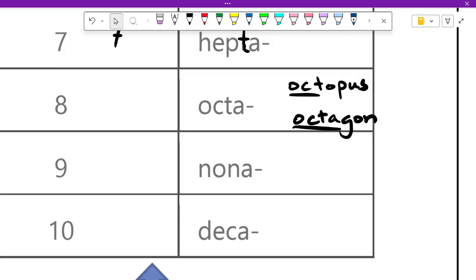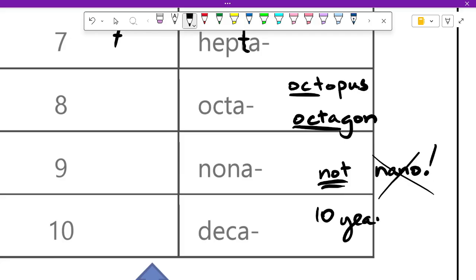Just be careful, it's not nano. And finally, what would you say if you were talking about 10 years? Decade. That's a decade. Deca.